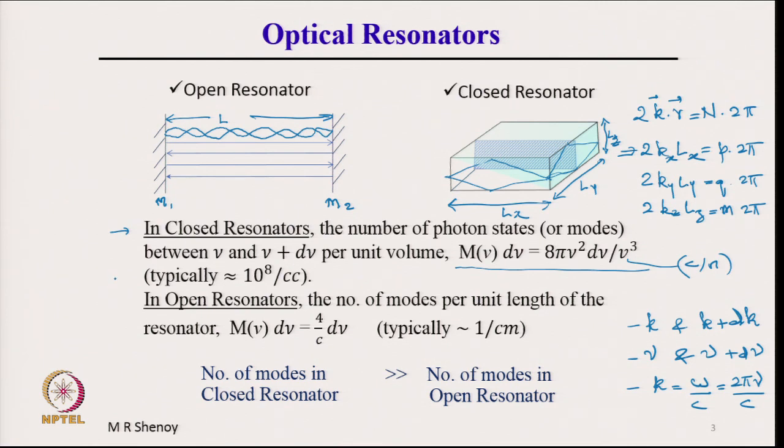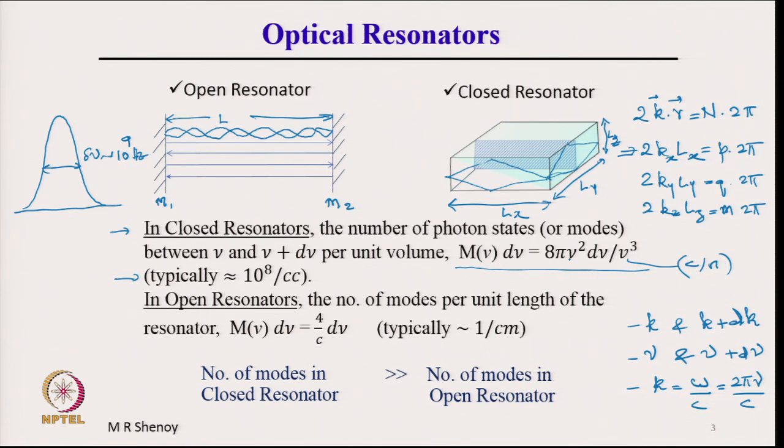Typically, if we put some numbers for this, then we get about 10 to the power of 8 allowed states per unit volume. For example, if we take a laser material, then we know the bandwidth over which amplification is possible, this delta nu, is of the order of 10 to the power of 9 hertz.